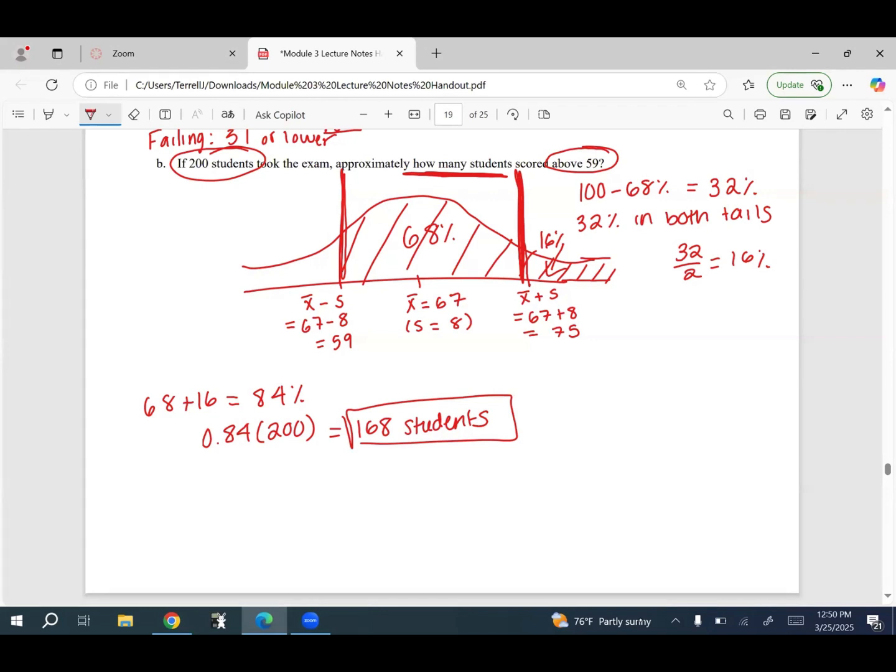They asked how many students scored above a 59. So I first had to figure out the percentage of students that scored above 59, which was 84%. And then I did 84% of 200. Remember, of is a key word for us that means multiplication. And when we were dealing with that unit about percents, remember, we always converted percents to decimals in order to do our math.